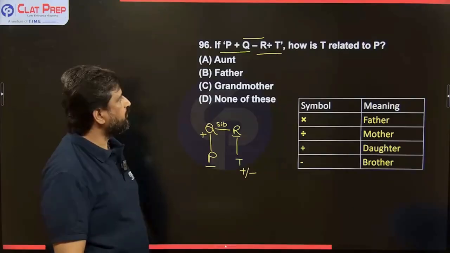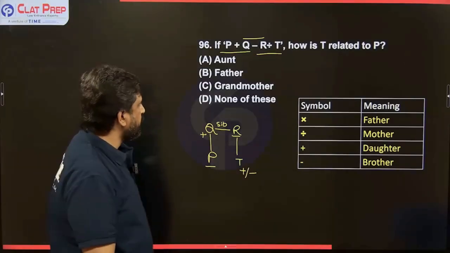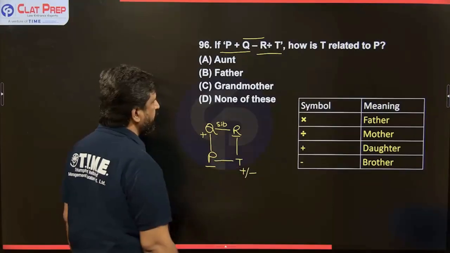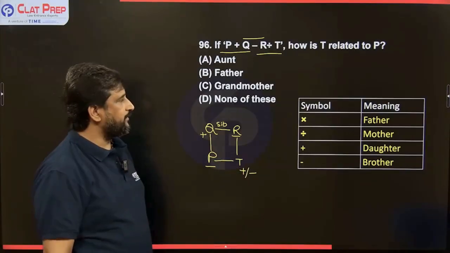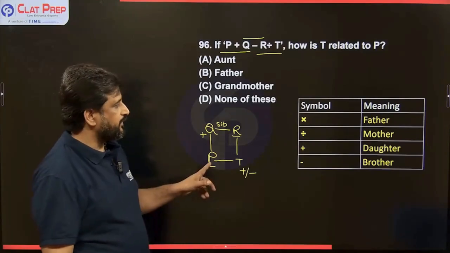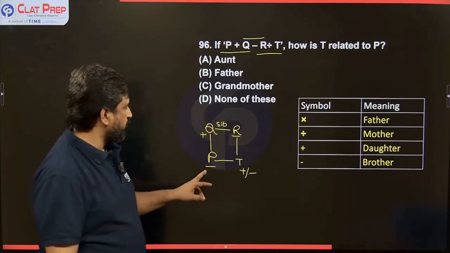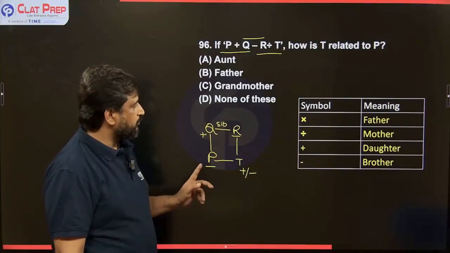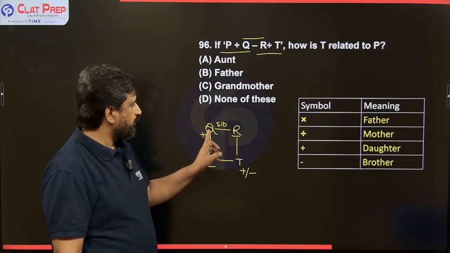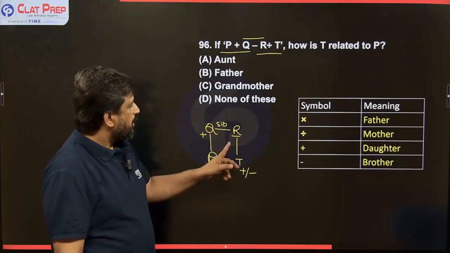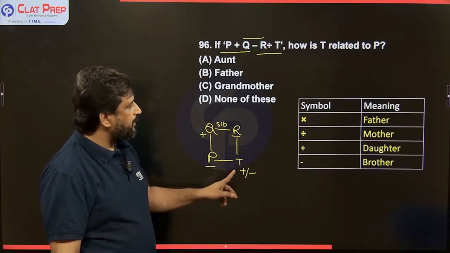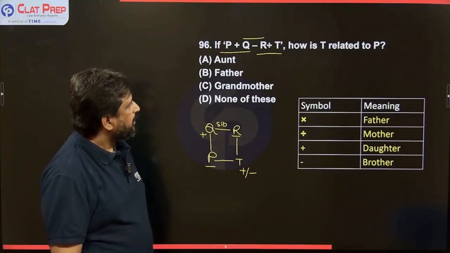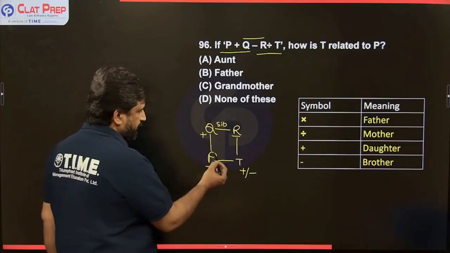Now, what is the question asked? How is T related to P? The relation between T and P is actually cousin. Okay, let me check once again. P plus Q means P is the daughter of Q. Q minus R means Q is the brother of R. R divided by T means R was the mother of T. Now the question, how is T related to P?